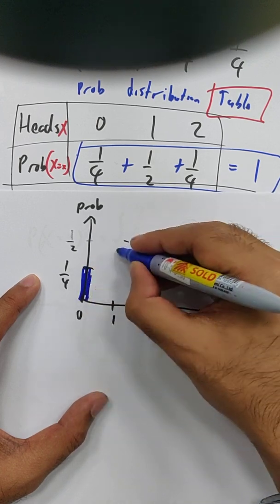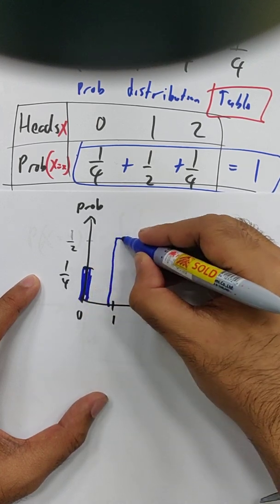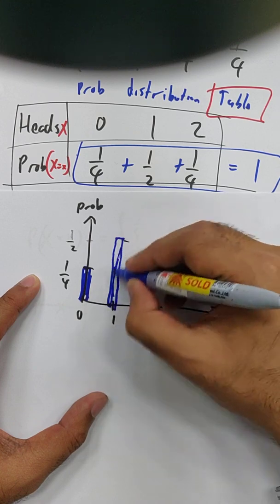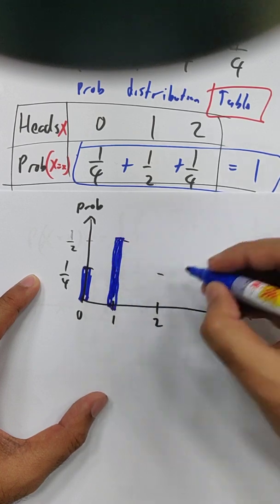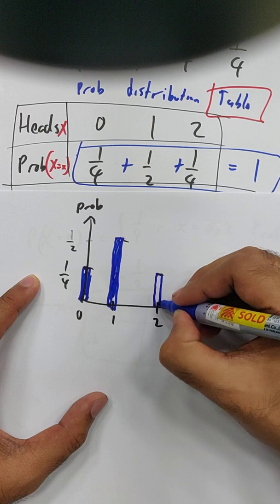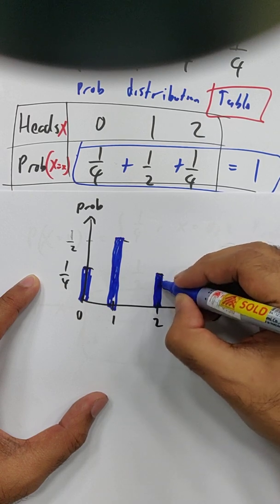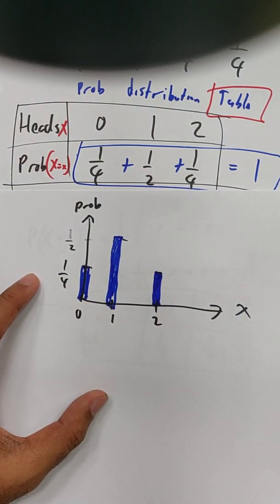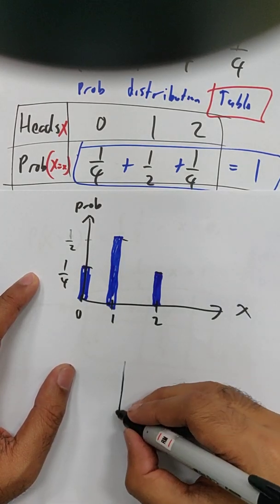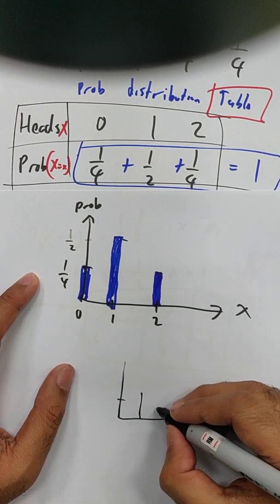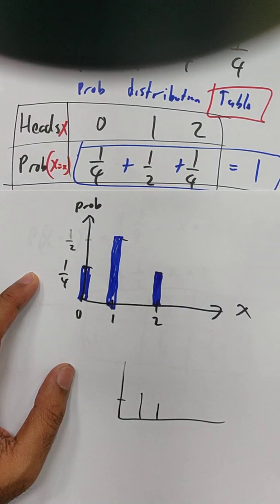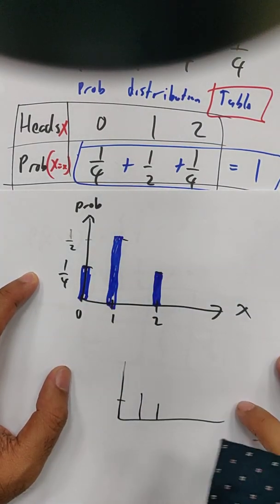I'm going to make it big and bold here. But normally if you ask me to draw it, sir, I might just do something like this, just to make things a bit pretty.